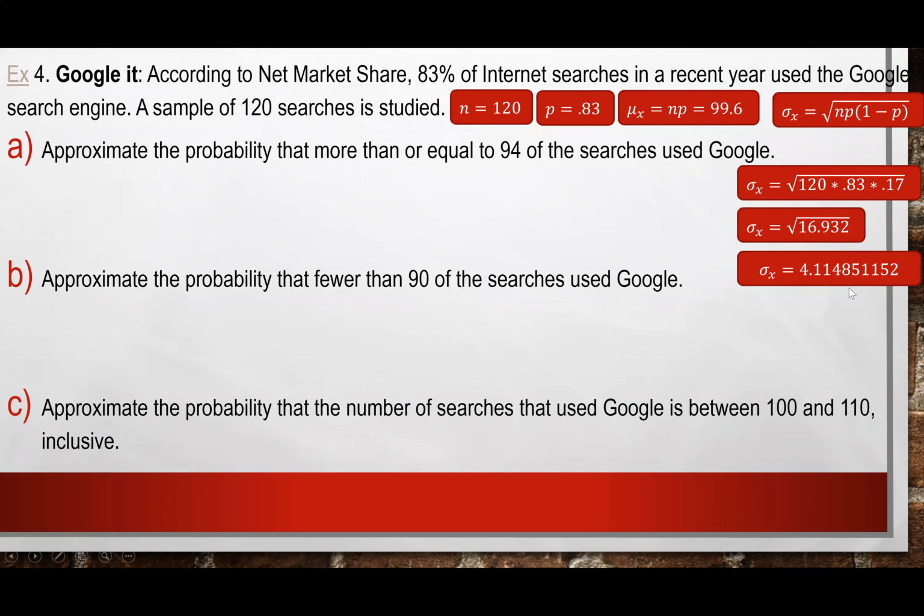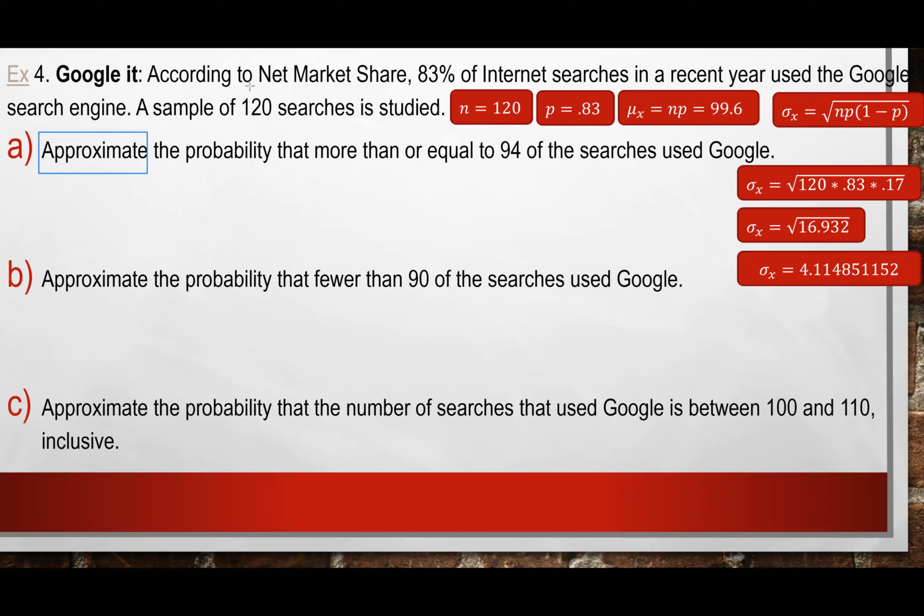So given this, now let's take a look at A. They ask you to approximate, which is the difference. The idea of approximation is that we have to estimate, which means we have to adjust the endpoint.